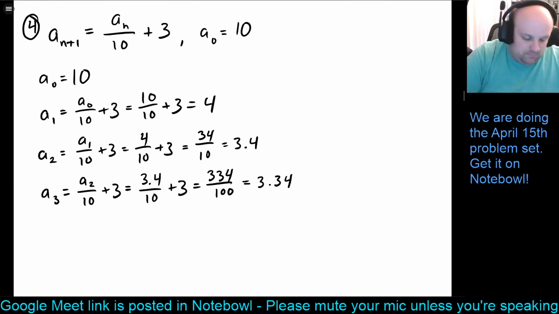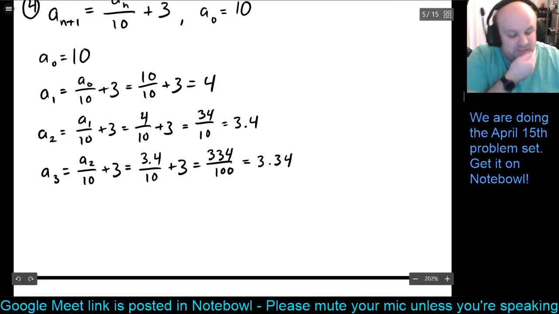So what does this appear to be converging to is the question. That's a little hard to figure out, right? Little hard to get this explicitly just by looking at this pattern. We could try a bit more.